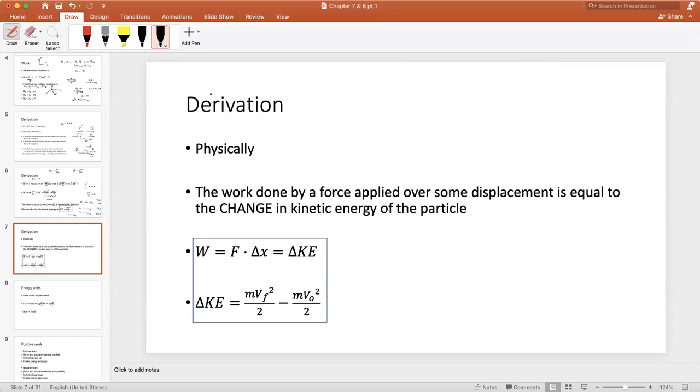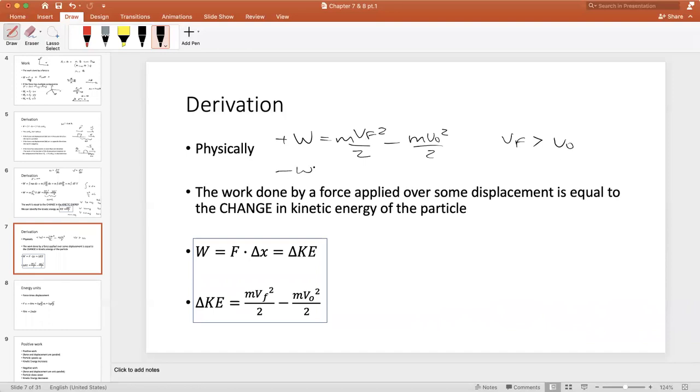this derivation, physically, what I want to say is you already know it, that if you apply positive work, that means that v final squared minus v initial squared, and yeah, there's a mass here, but that this has to be positive. That means that v final is greater than v initial.